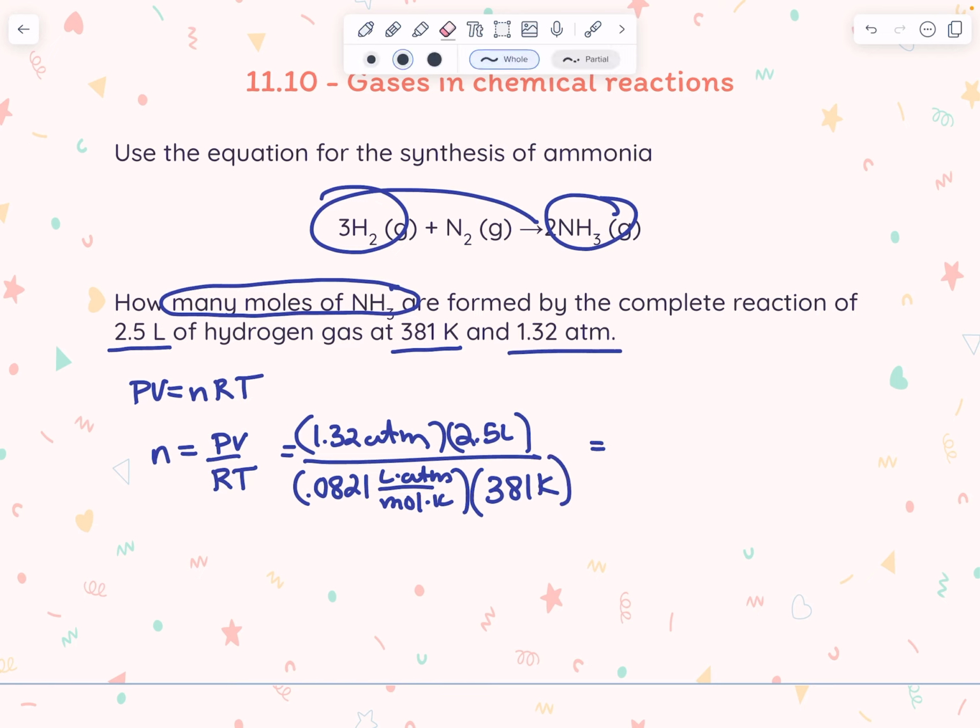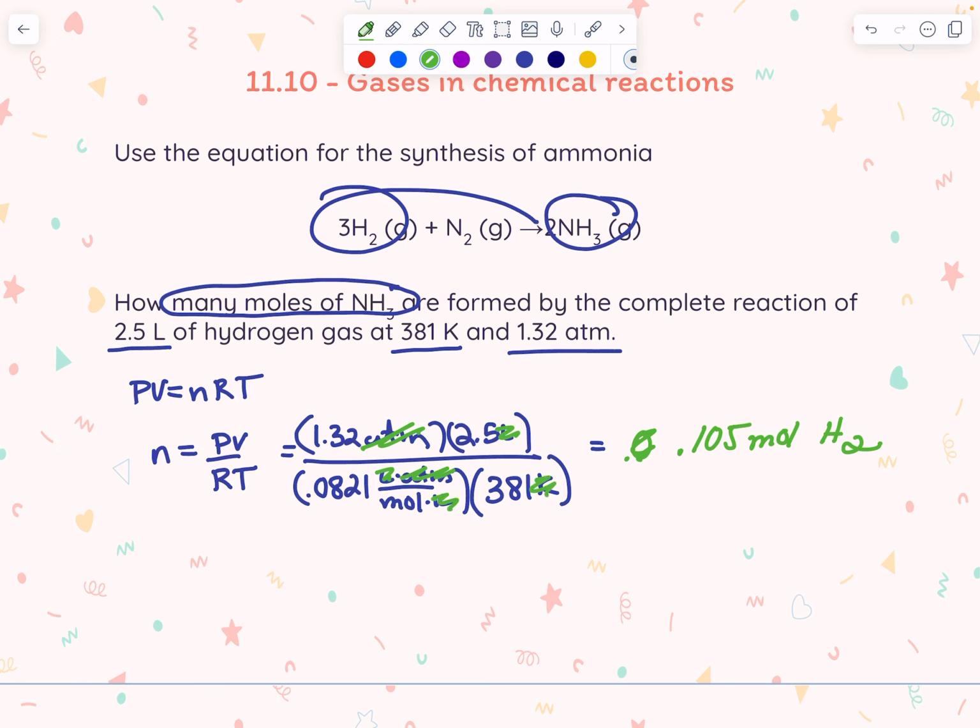When I plug this into my calculator, I'm going to get 0.105 moles, and that would be moles of hydrogen gas. Look at how the units cancel out.